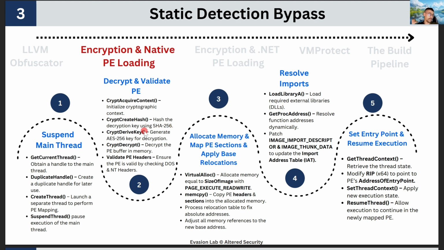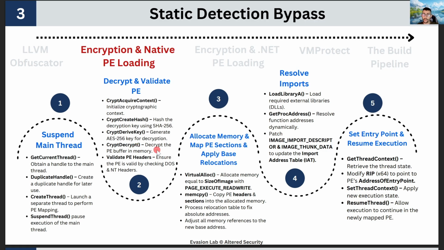Then we use that hash to generate an AES-256 key for decryption using the CryptDeriveKey API. And after that, we will be using this key to decrypt the PE buffer in memory, which is Mimikatz in our case, using the CryptDecrypt API.